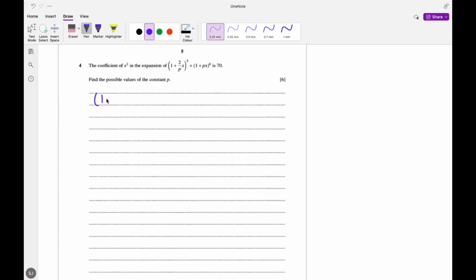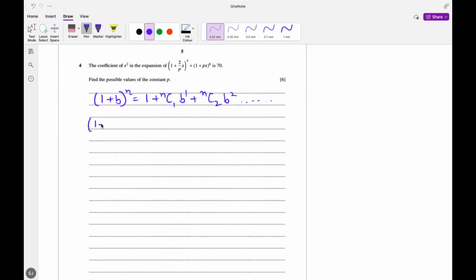Now, if you have an expression of the form (1 plus b) to the power n, the formula is 1 plus nC1 b to the power 1 plus nC2 b to the power 2 and so on. Now, in both the cases, in place of b we have an x term. So to get an x squared term, we'll be using nC2 b to the power 2.